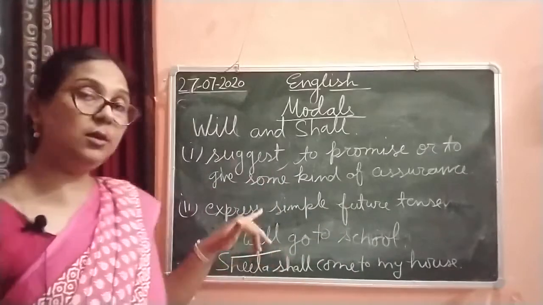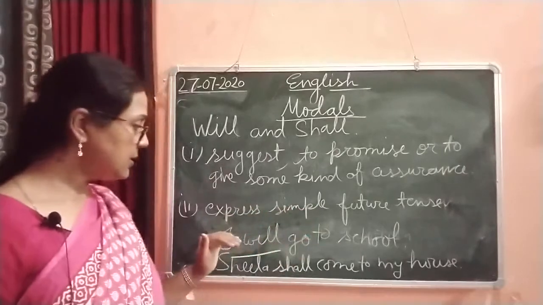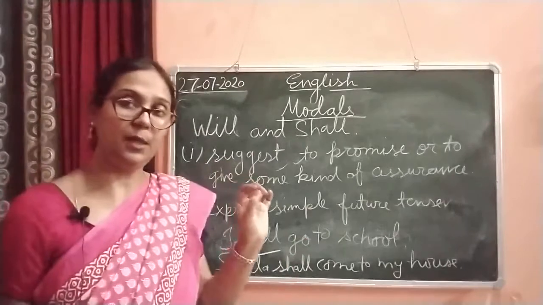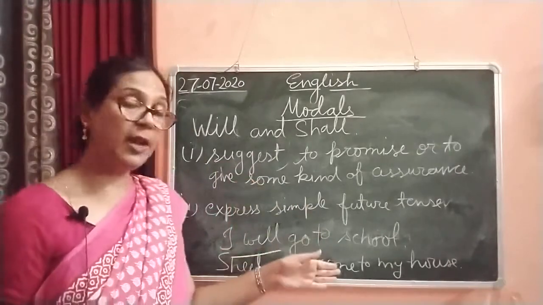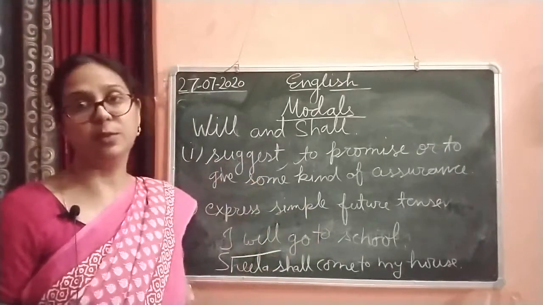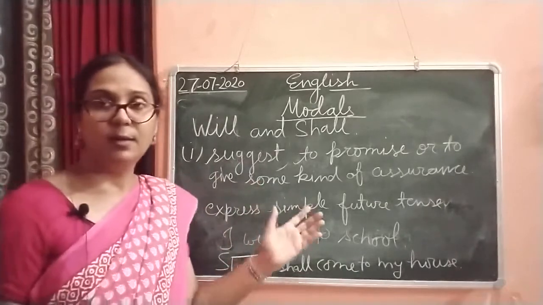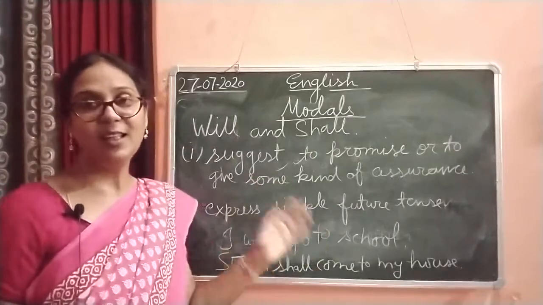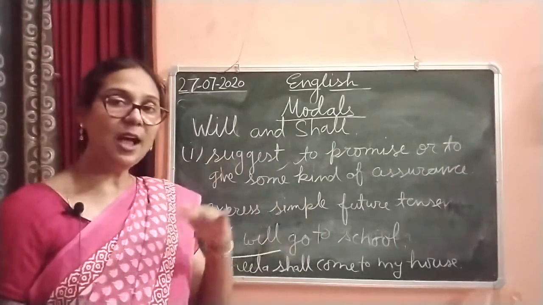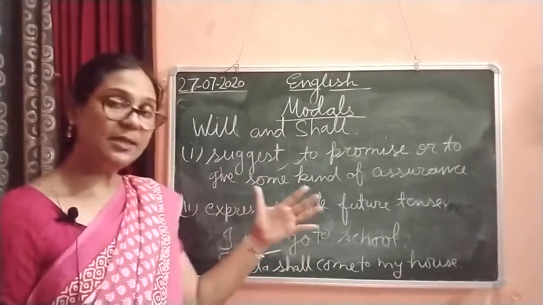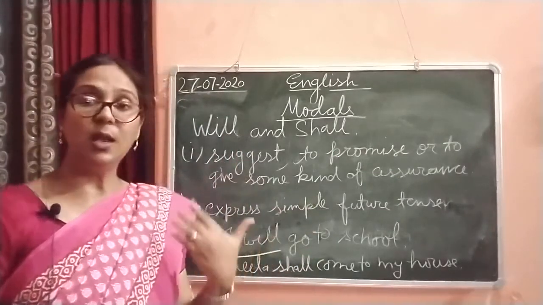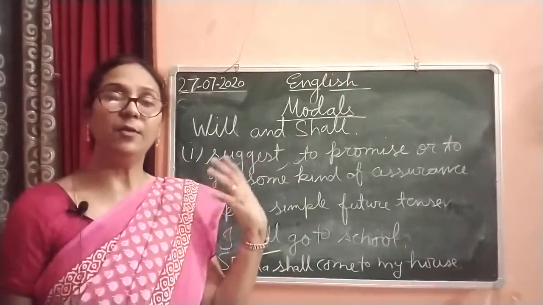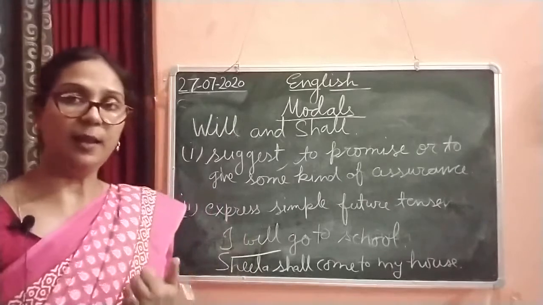If we are using will, there is a slight assurance that I have promised something, and if we are using shall, there is less possibility, but it will be done. So this way we can understand the uses of will and shall, and after that we are going to learn this concept separately: how and where we are going to use will, and how and where we are going to use shall.